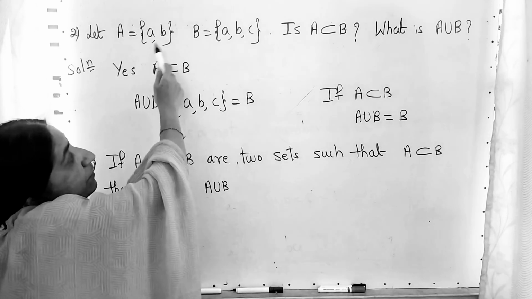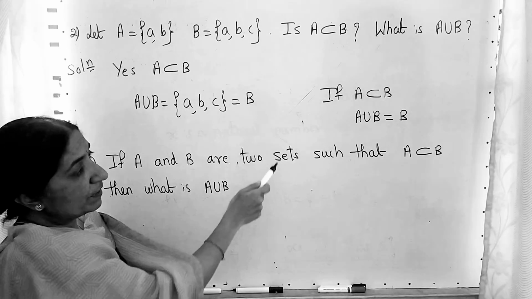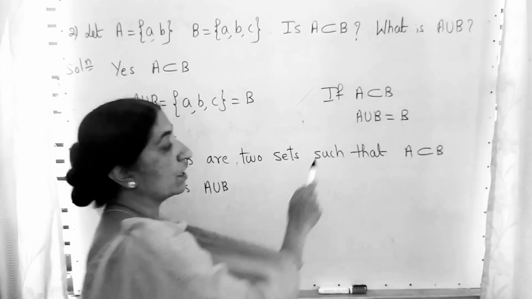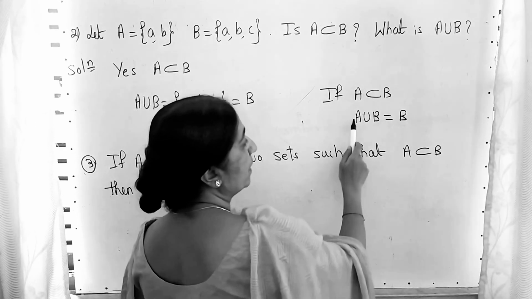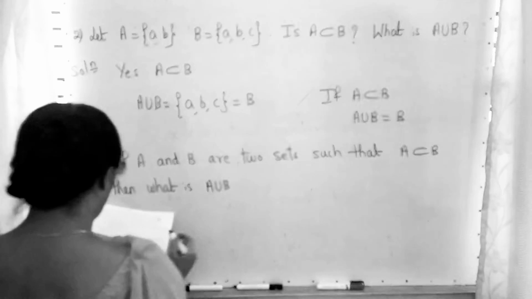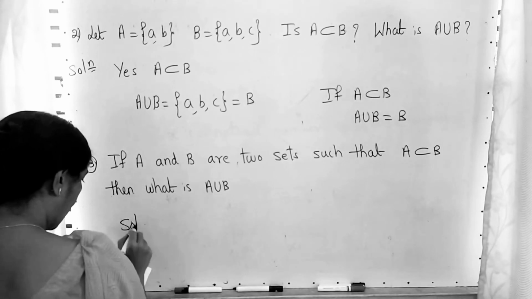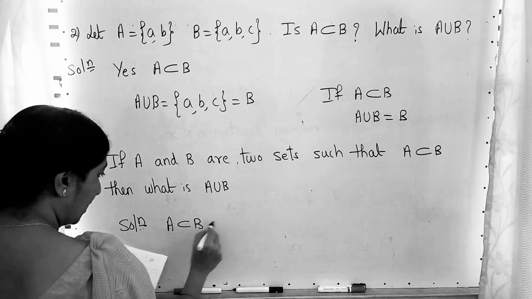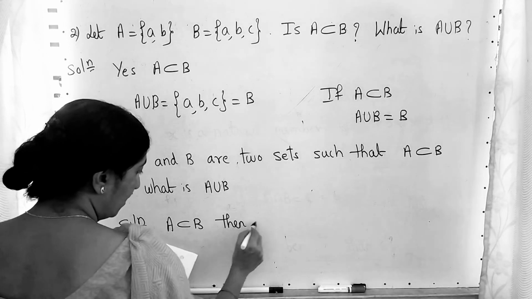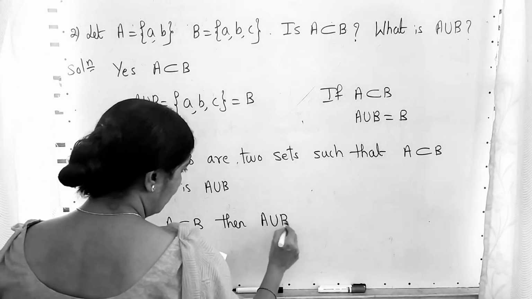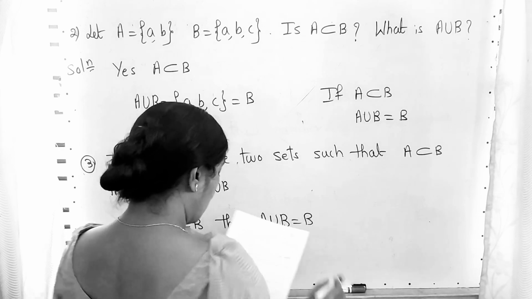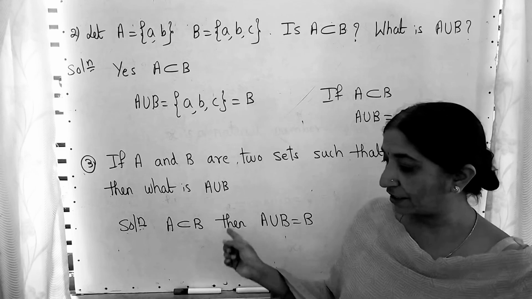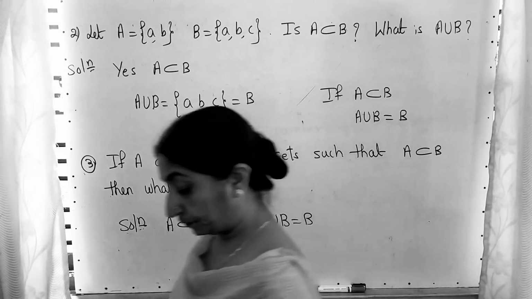Here I explained with the help of an example, and the same thing they are asking in the form of a property. I already told you, if A is a subset of B, then A union B is B. So in the solution we write: if A is a subset of B, then A union B is equal to B. In the last class when I explained the union, at that time I gave this as an important property also.